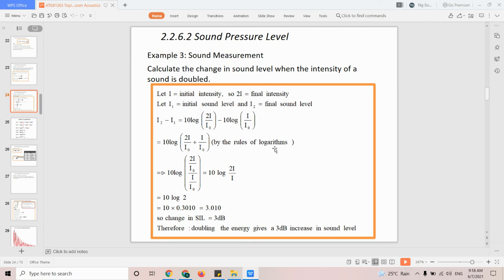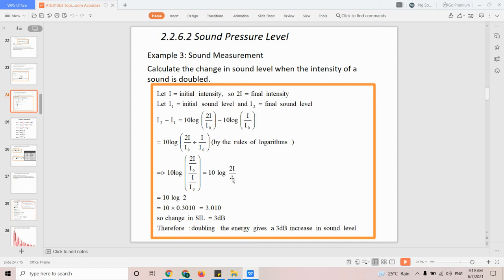By rule of logarithm, we can combine this and this together if you want to minus it. Meaning by rule of logarithm, this one minus this one, we can put it into an equation like this, which is divided. And then you simplify it, we get something like this, which is 10 log 2I over I.